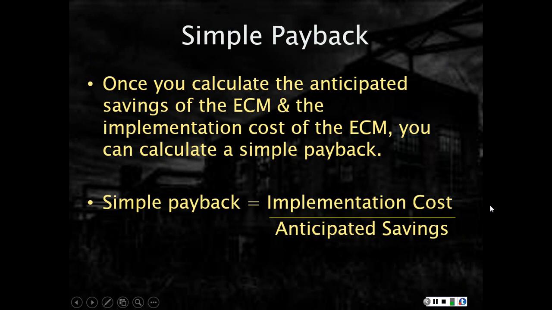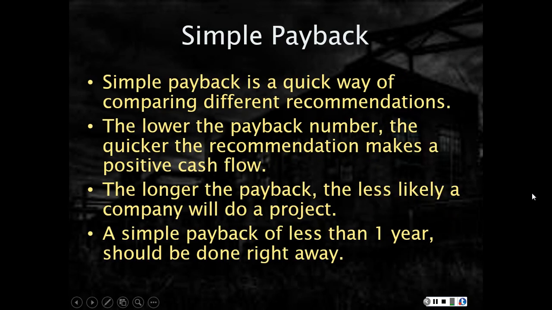Now, once you calculate the anticipated savings of the ECM and the implementation cost of the ECM, you can calculate a simple payback. Simple payback is simply how much it's going to cost you to do something divided by how much it's going to save you a year. Simple payback is a quick way of comparing different recommendations.